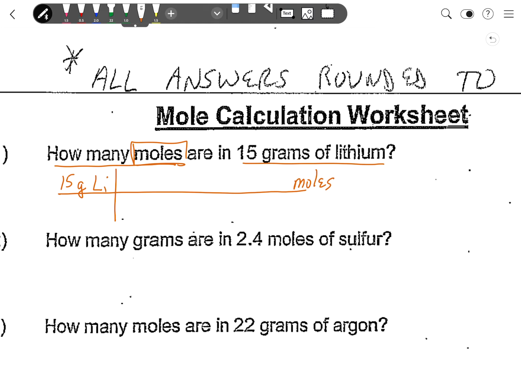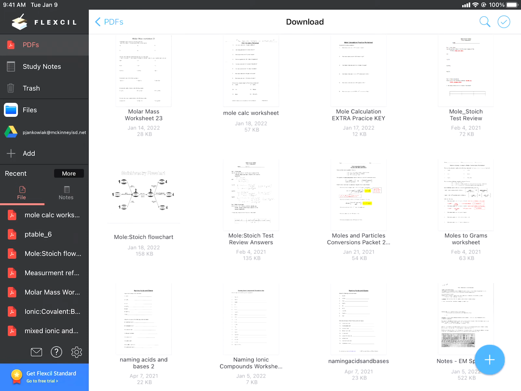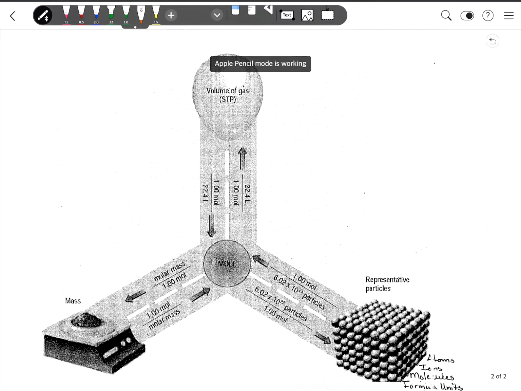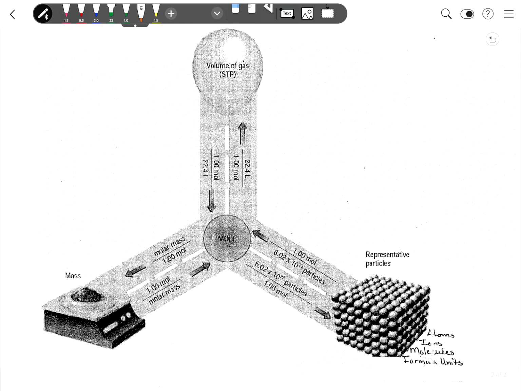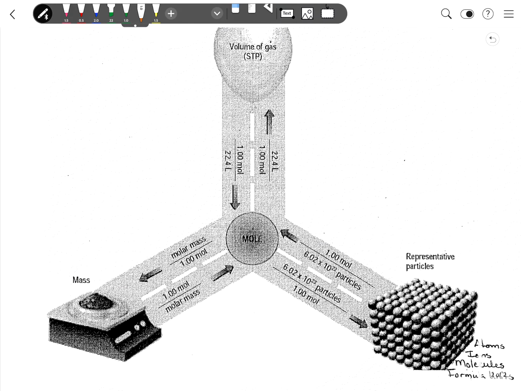Since you know what you have to start with and what you have to end with, you need to go to your flow chart. We were given the mass of lithium, 15 grams, and mass is this part down over here, always in grams. We need to get to the mole, which is right here in the middle.